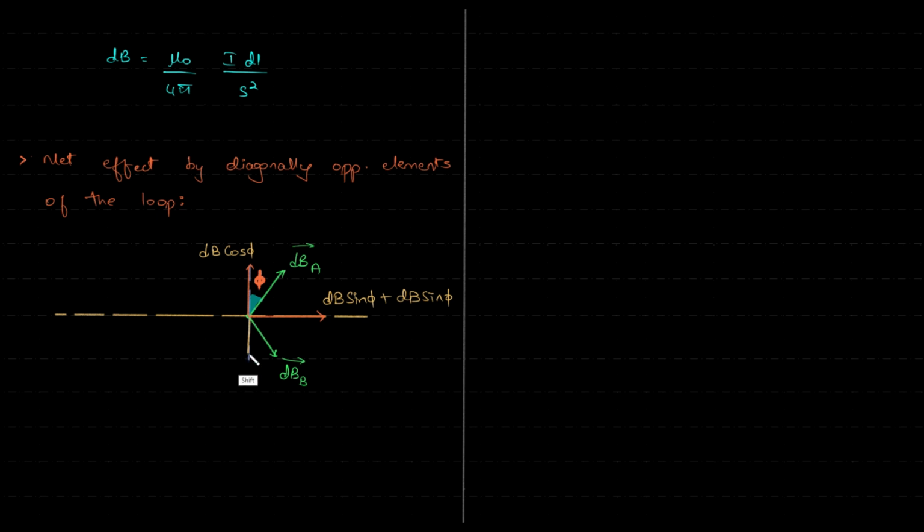And here it would be dB cos phi. This is the entire scenario. Okay, does it make sense? Think about it, take a second. Right, done, it's clear. So what's happening over here? The parallel components are adding up, the perpendicular components are cancelling each other.